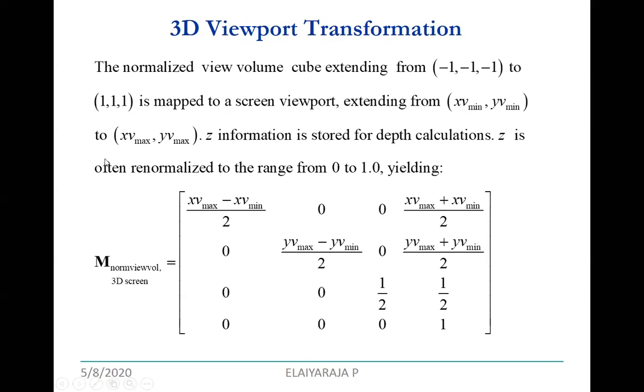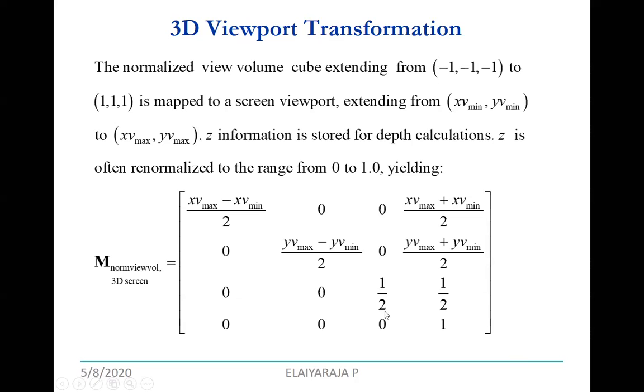When you put this into matrix form in the viewport transformations to your normalized view volume on your 3D screen, with respect to your z, which means the depth value, here you can write x viewport maximum minus x viewport minimum divided by your window coordinates, similarly with respect to y, and here near minus far value.